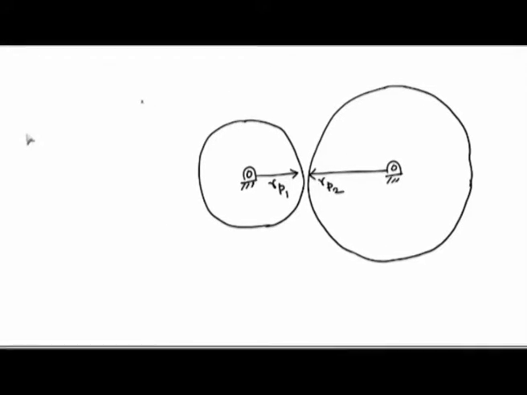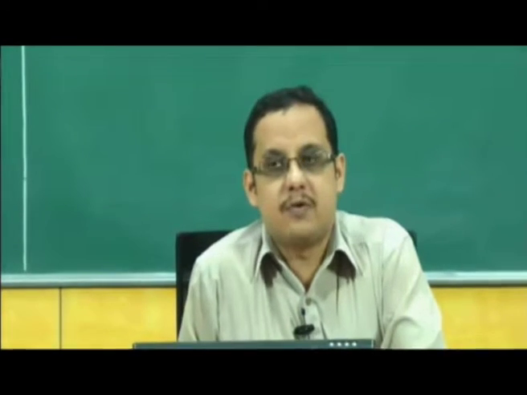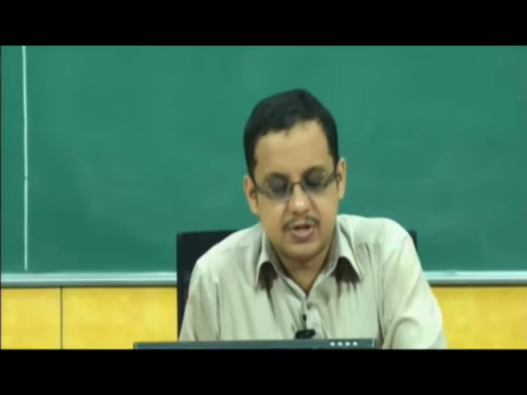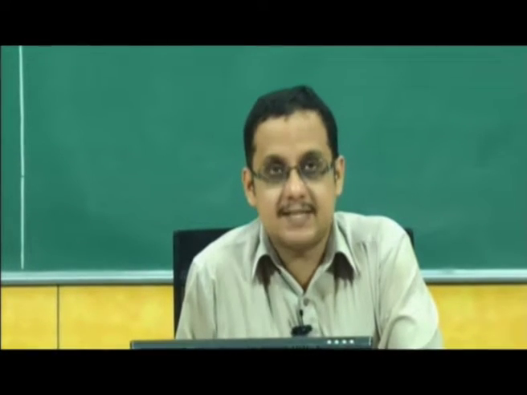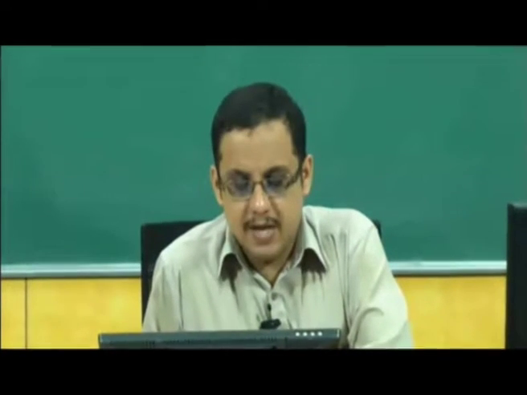So the shaft center distance is RP1 plus RP2, the distance between the two shafts. If you are required to transmit power between two shafts which are placed at a distance of S, then the condition obviously is S equals RP1 plus RP2.